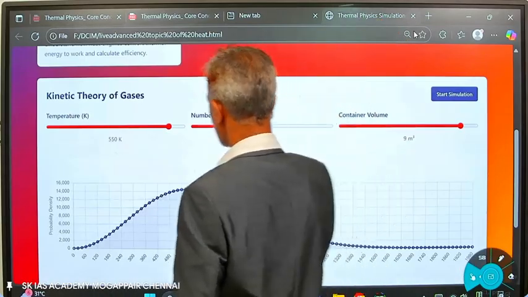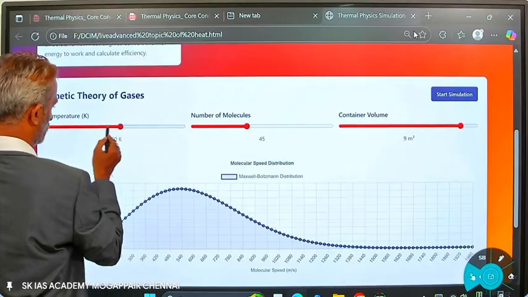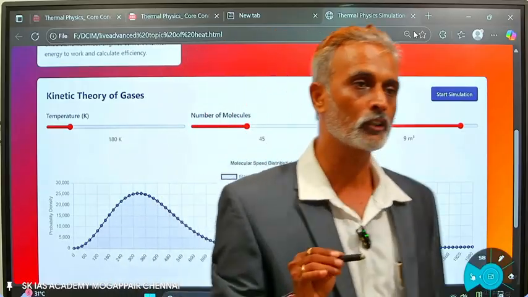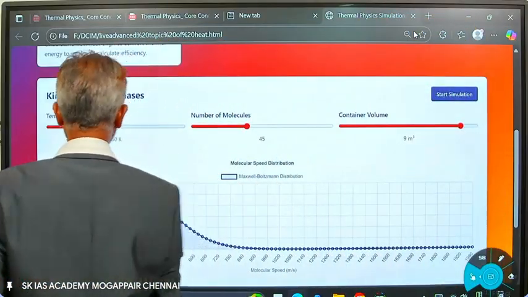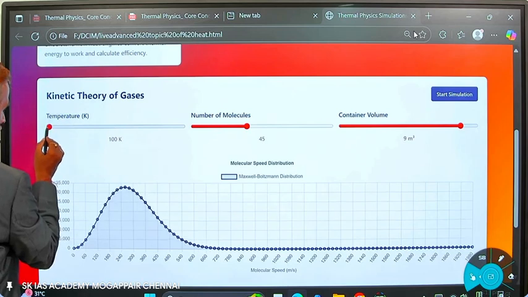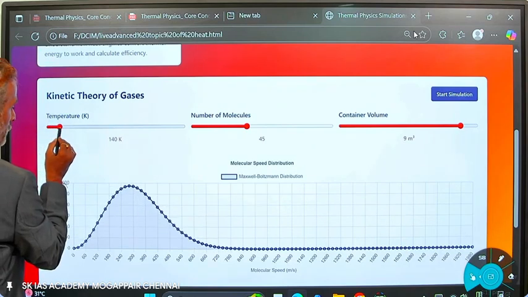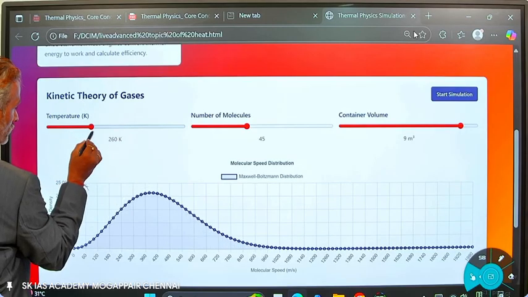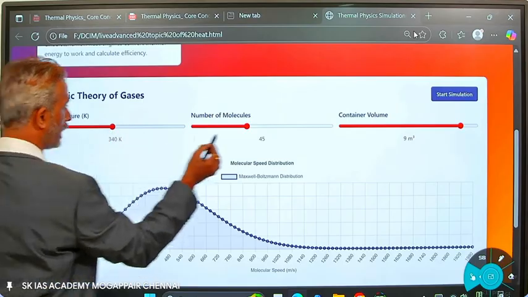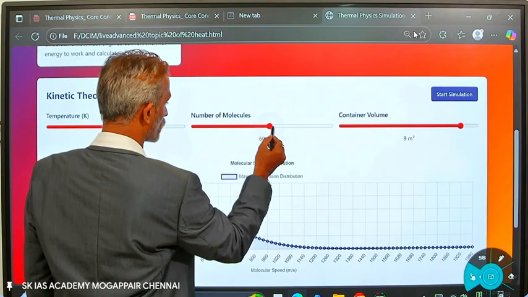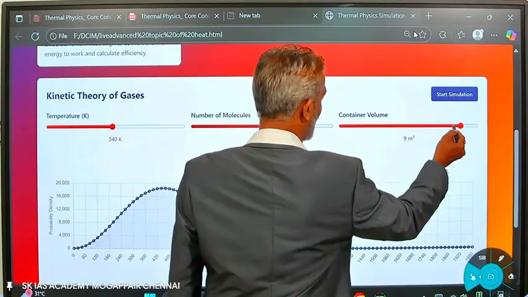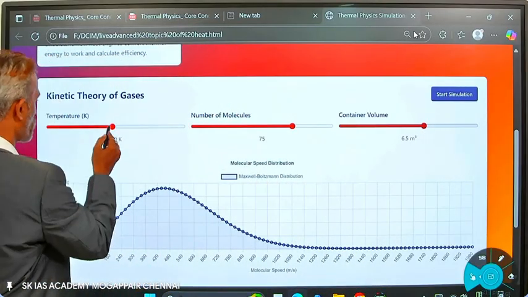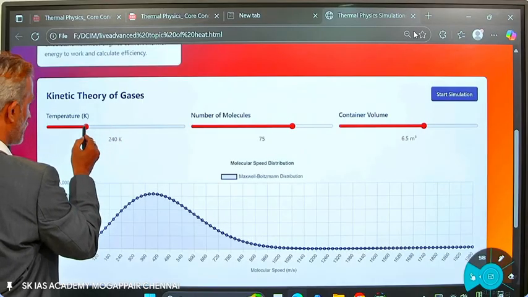See there. The kinetic theory of the gases depends on temperature, volume and number of molecules. Okay. So when you decrease the temperature, see how it is behaving. Slowly increase the temperature. Now slowly increase the number of molecules. Now decrease the container volume. Now see what effect happens.